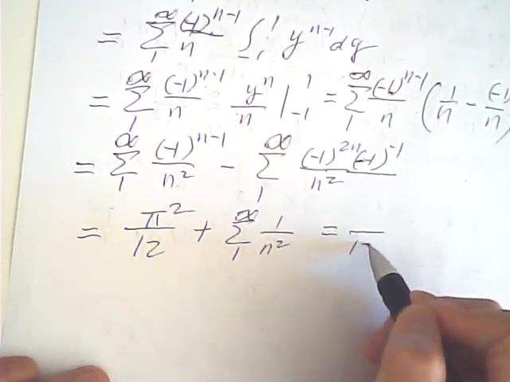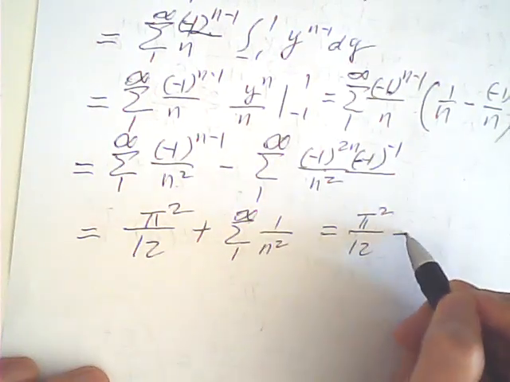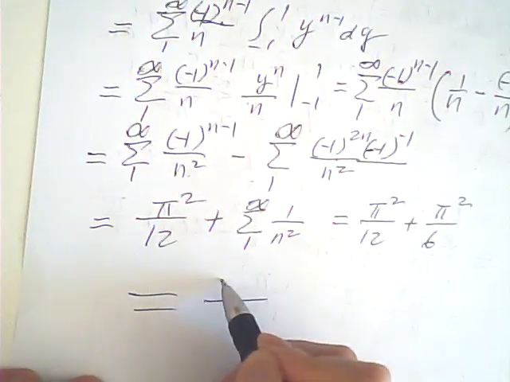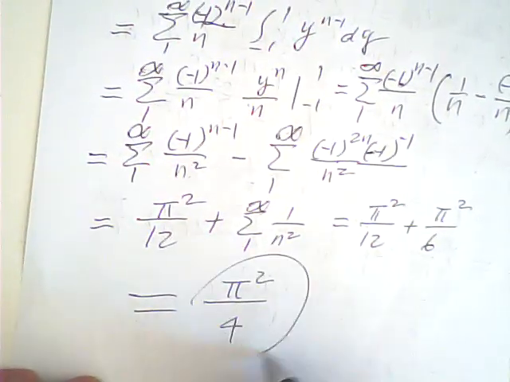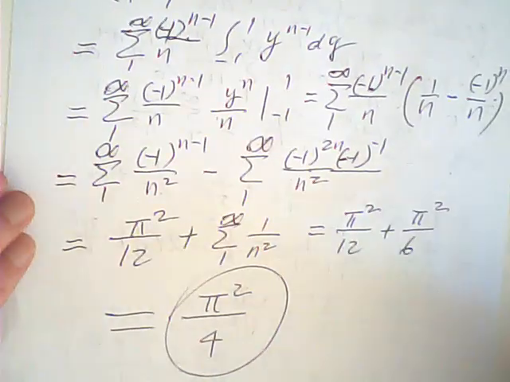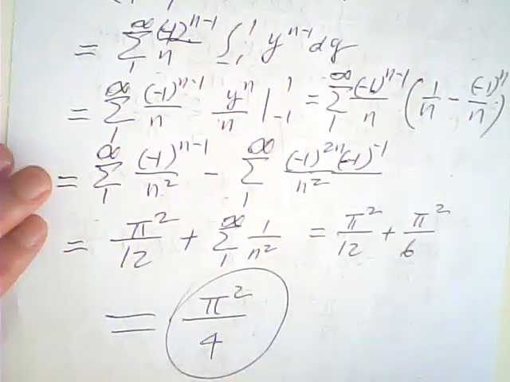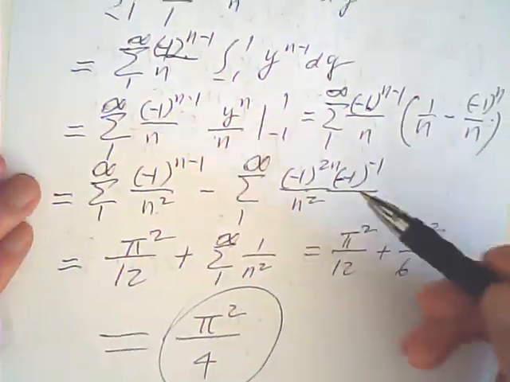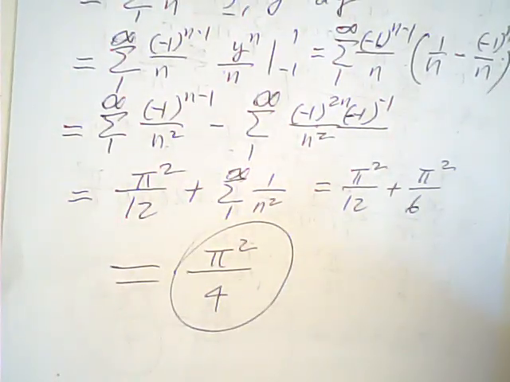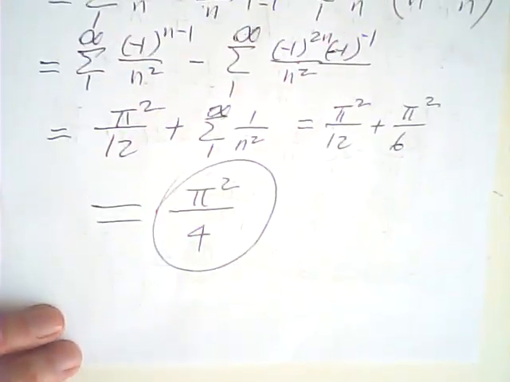So this one is pi squared plus pi squared over 6. So this one is equal to pi squared over 4. Wow. This is done by method 2. Wow, very good. Now, these two methods are not including Feynman's technique. Thank you.